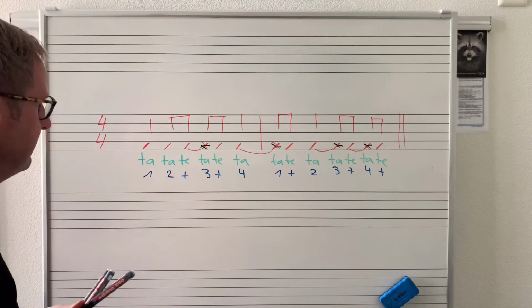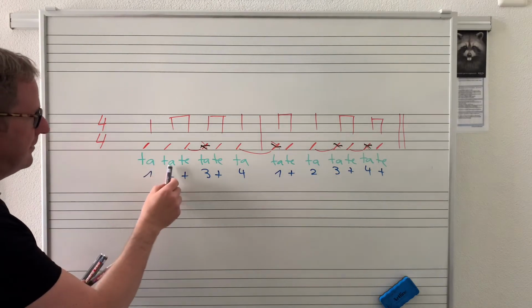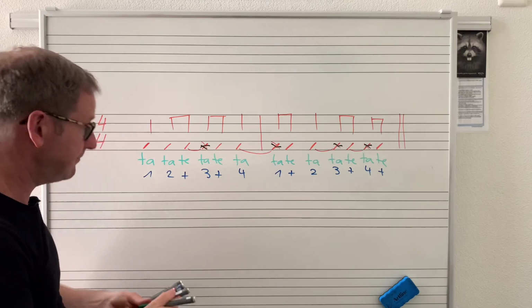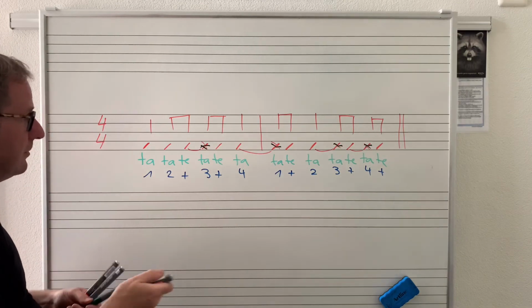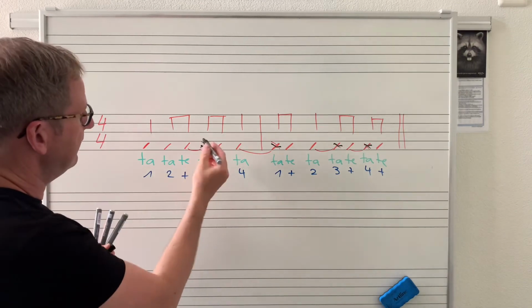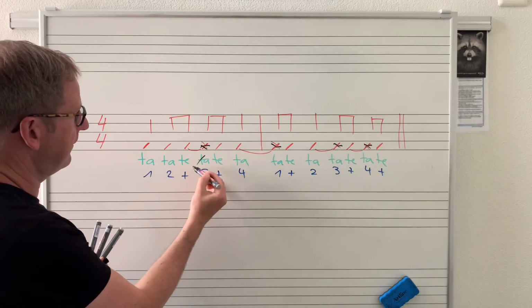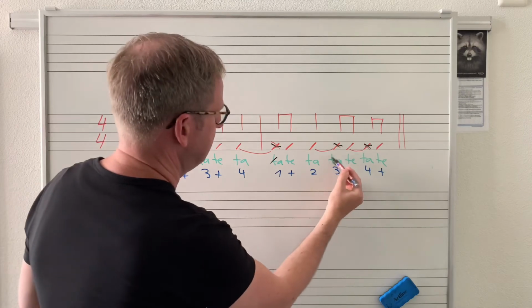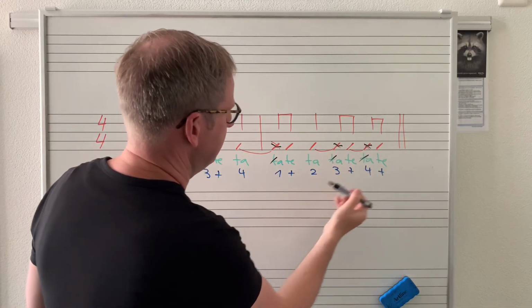And here, the feeling of this ta, ta, te, ta, te, ta remains absolutely the same, except that you here don't have to say the t. Away. It's only here, here.